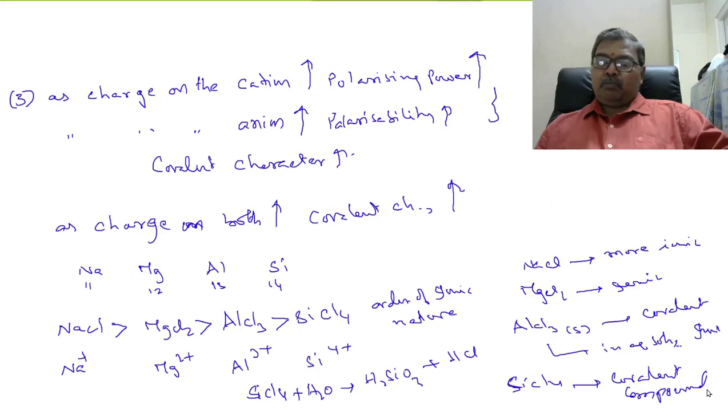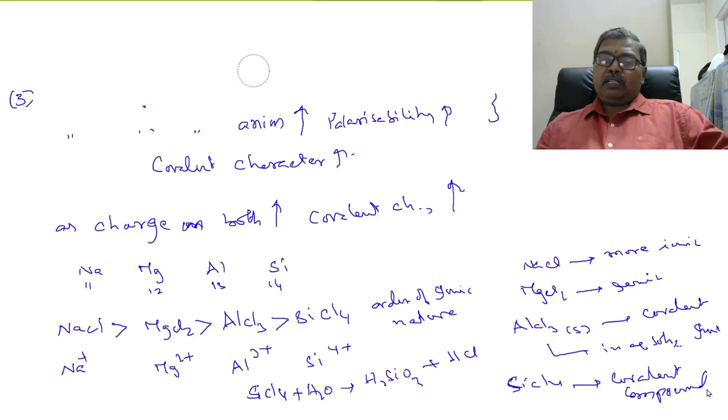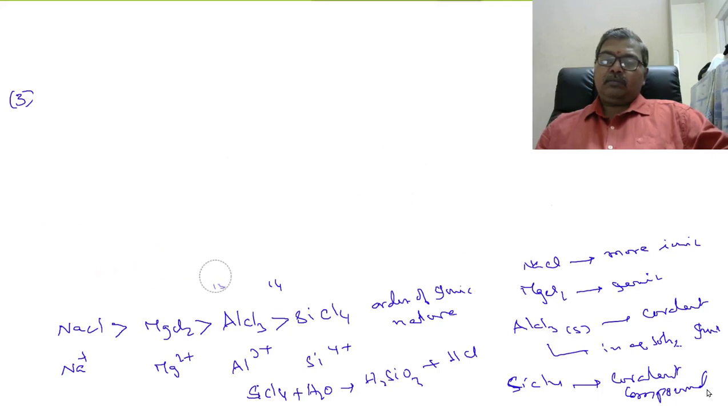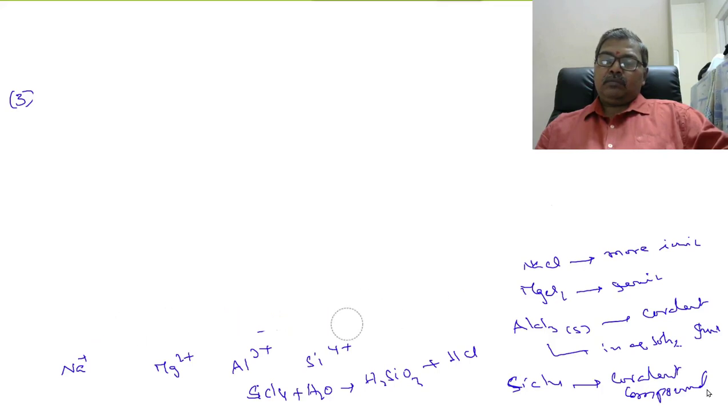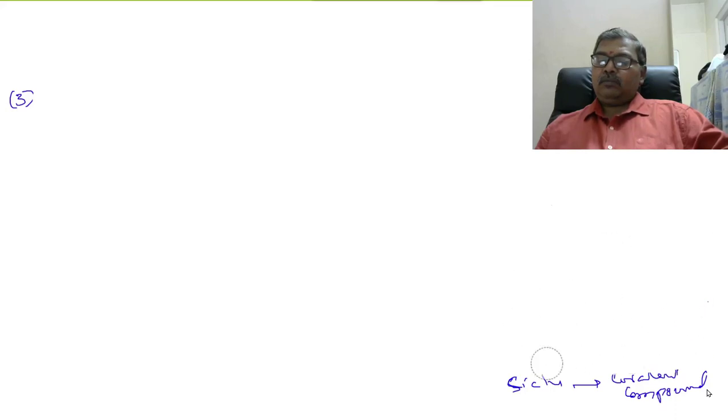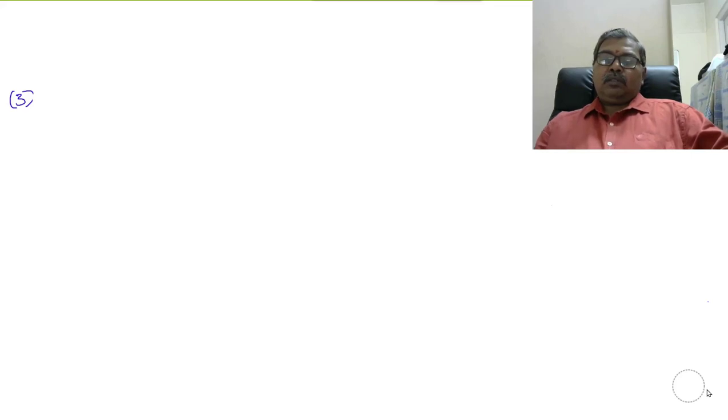So as the charge on both increases, covalent character increases. See, for example, MgCl2, MgO, Mg3N2.